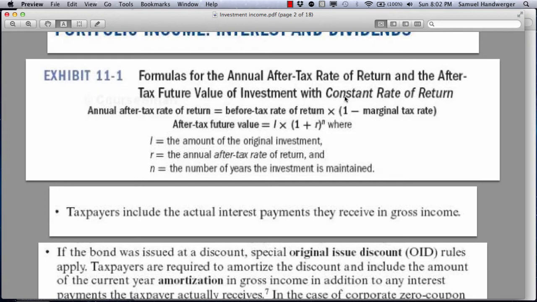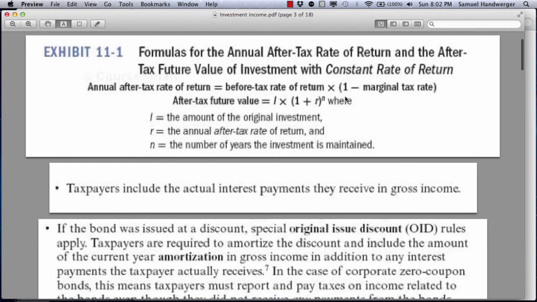All right. Taxpayers include interest payments they receive in gross income, the actual payments. So if you have an account that is an interest-bearing account at a bank and they post interest earned to your account, it's there, it's in the account, you pay tax on it when it's posted and credited to your account.